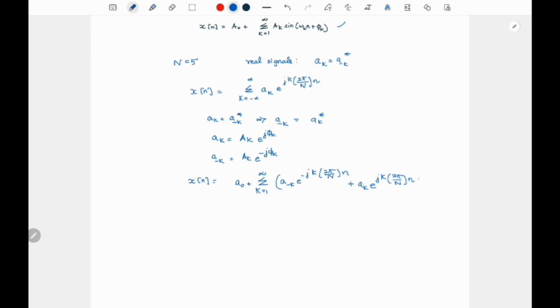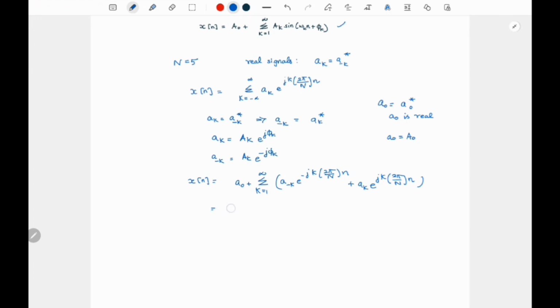So I'm gathering all the positive case and negative case and writing it together as a summation from 1 to infinity. And since it is real, a_0 should be equal to a_{-0} star, which means it is still a_0, so a_0 should be real. So I'll write a_0 as this constant.